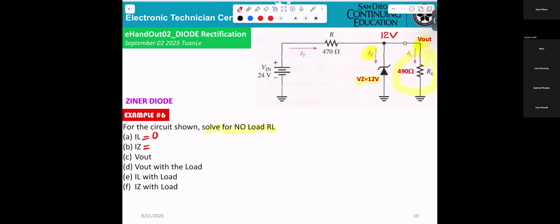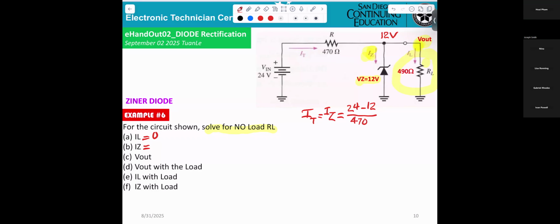And then they want the Zener current IZ. It's easy. IT and IZ are the same. That equals 24 minus 12, all over 470.